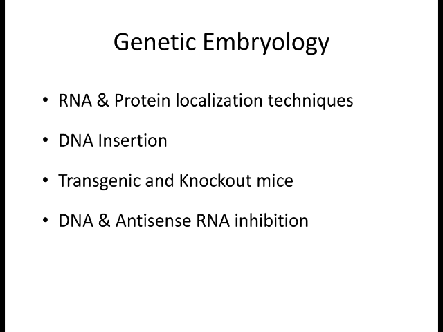So, transgenics, knockout. We either insert DNA to see what it's doing because it's normally not expressed in that cell, or we remove it, and we want to see what happens when we remove that gene and it's no longer functioning in that cell. And then this last one is similar to the knockout, but it's just another technique where we can actually inhibit the transcription or translation of DNA and RNA.